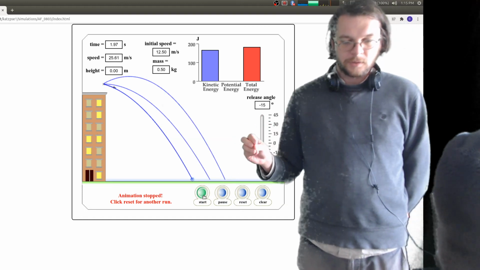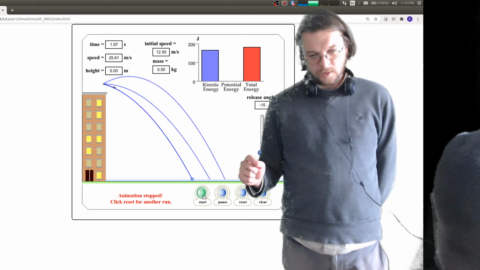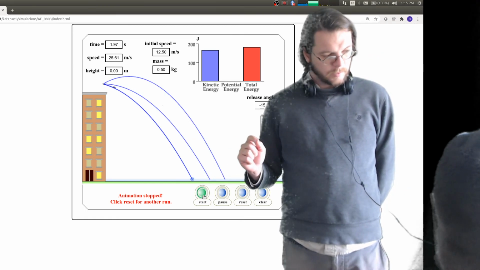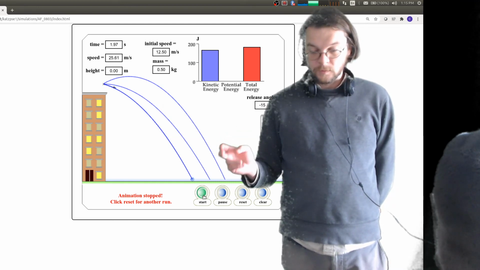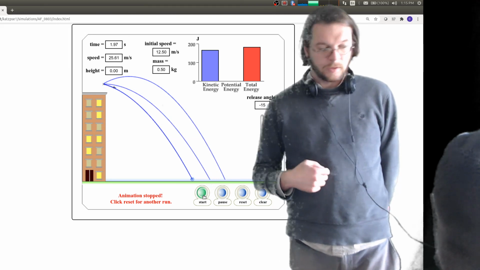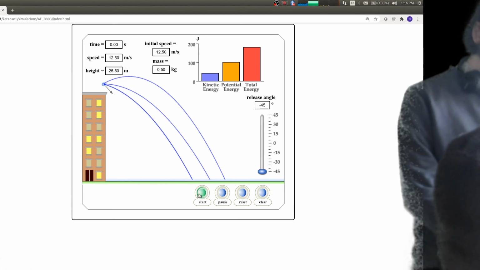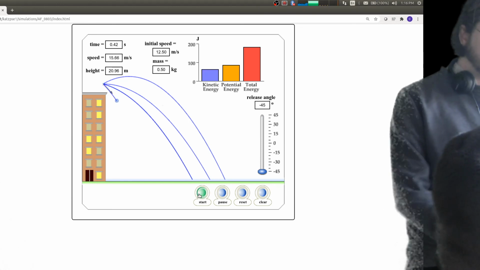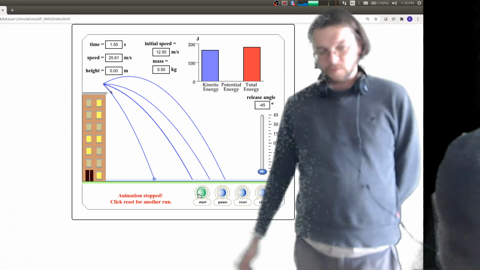The last thing to say about this is that the speed is the same, but are the x and the y component velocities the same? The answer is no. No, the x velocities and the y velocities can be very different. So, for example, if I would aim this thing all the way down at 45 degrees, that's going to have a very different x velocity.